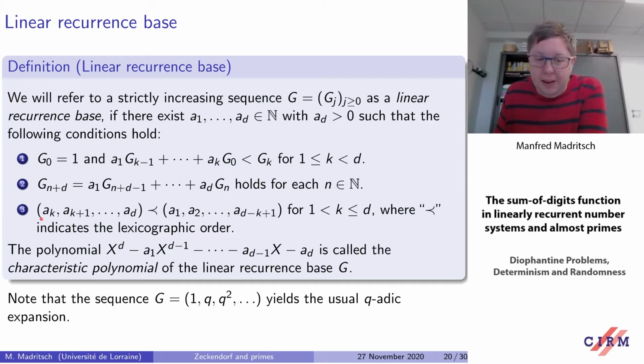And here, this lexicographic order is exactly the forbidden 1-1. So you have 1 and 1 in the expansion, and you forbid this from appearing afterwards, so that there are no consecutive ones in the Zeckendorf expansion.